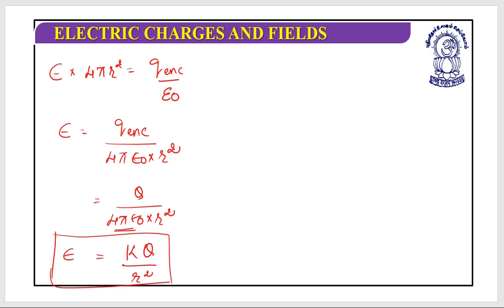So now we can use Gauss's law because it will give us the correct result. That is for sure. So this is the electric field due to a point charge, where r is the distance from the point charge.